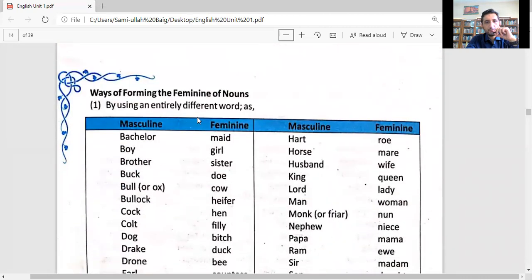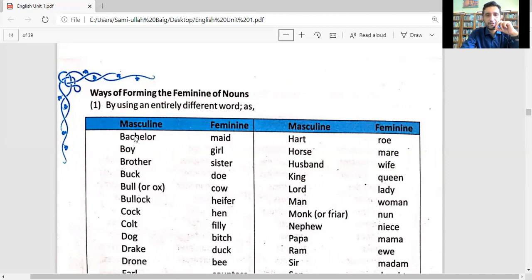So how do you form feminines? Here are some rules for making a masculine into a feminine. One way is by using an entirely different word.